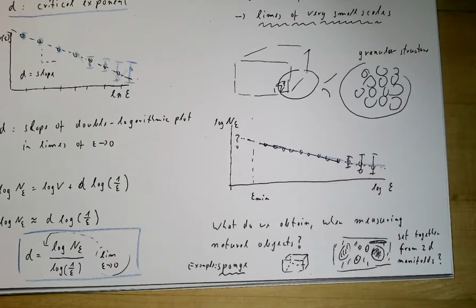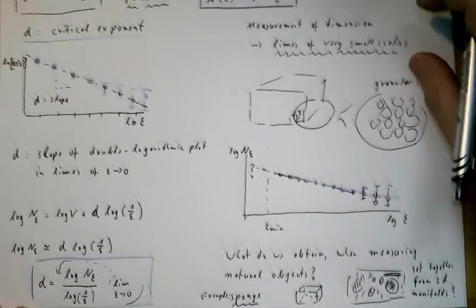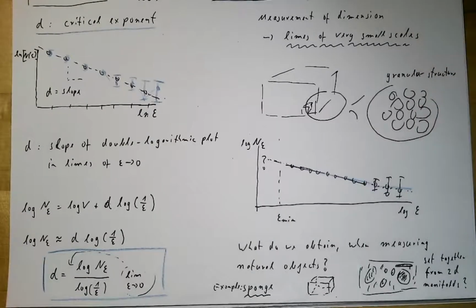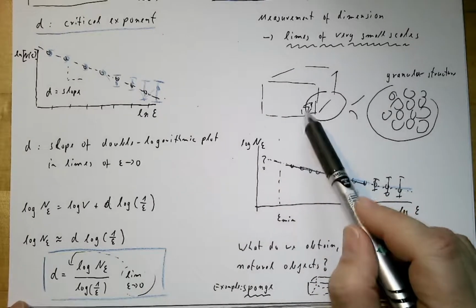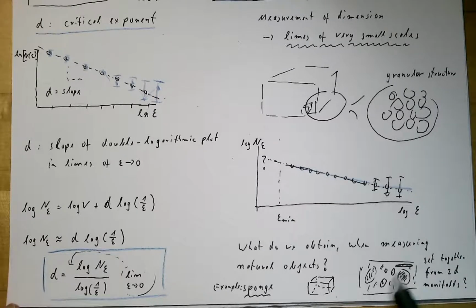So when we look at this a bit more seriously, and don't have an abstract physical space like just the room we are in, but take natural objects like a stone which is put together of small molecular pieces, or a sponge which has a very complex geometry, and we zoom in a little bit, then suddenly the question of the dimension of such an object is not so trivial anymore.